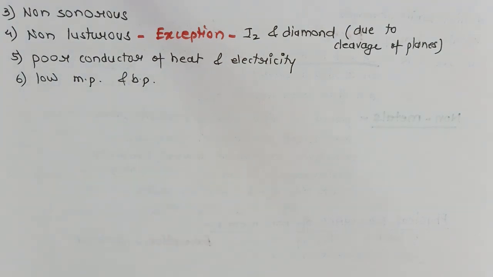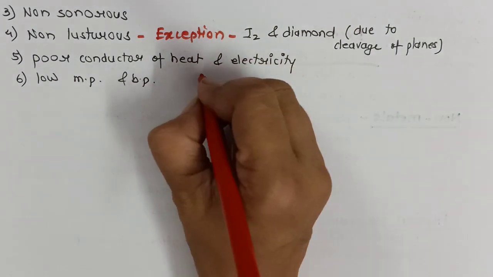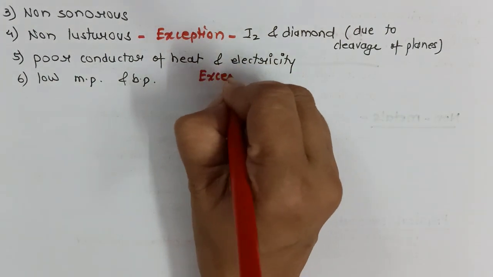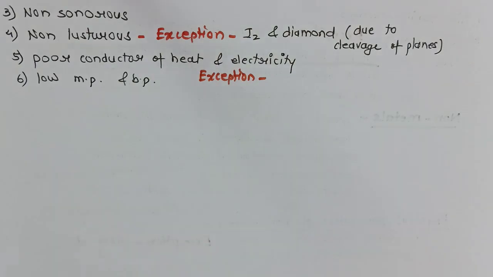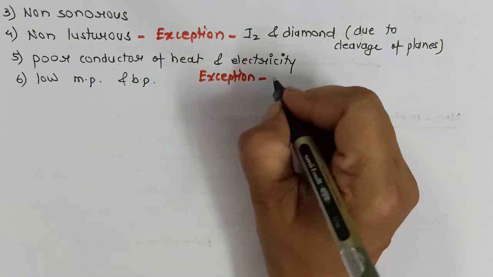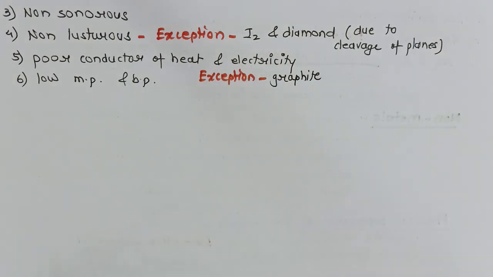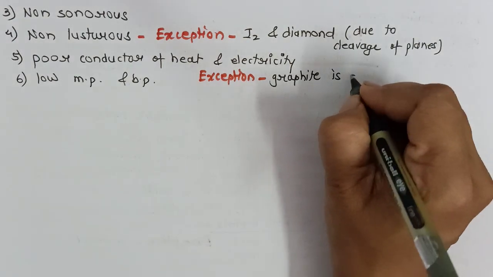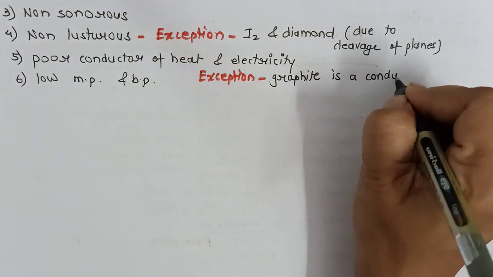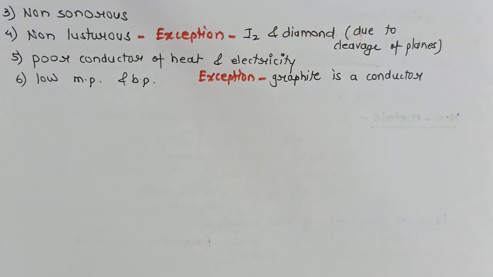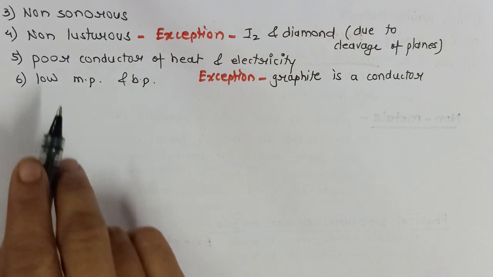Poor conductor of heat and electricity, again here is an exception. Graphite, which is a non-metal, is a good conductor of heat and electricity. Exception of graphite we have seen in brittle nature. That is, graphite is a brittle solid.